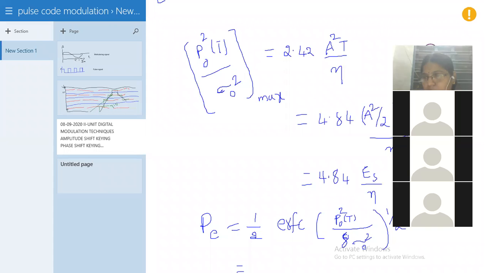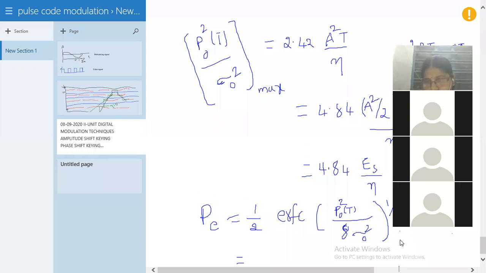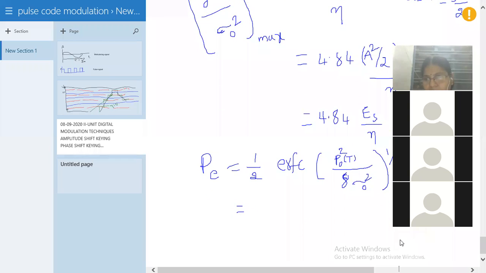Yes, ma'am. అది క్యాలిక్యులేట్ చేయండి. పీ నాట్ స్క్వేర్ ఆఫ్ టీ బై సిగ్మా నాట్ స్క్వేర్ని అందులో సబ్స్టిట్యూట్ చేసేస్తే ఎంత వస్తుందో నాకు చెప్పండి అమ్మా. దిస్ ఇస్ వెరీ వెరీ ఇంపార్టెంట్. డైరెక్ట్గా ఇచ్చేస్తారు, ఇవి మీరు చేసేస్తే సరిపోతుంది. పీ నాట్ స్క్వేర్ ఆఫ్ టీ బై 8 సిగ్మా నాట్ స్క్వేర్. పీ నాట్ స్క్వేర్ బై సిగ్మా నాట్ స్క్వేర్ ఎంత? ఎంత వస్తుంది చేసి నాకు చెప్పండి.